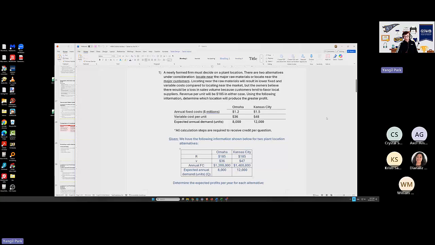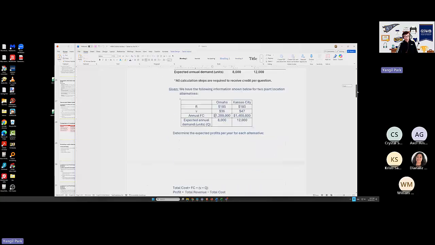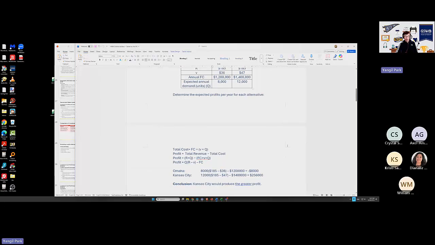So all we need to know is what kind of formula we're going to apply. It's pretty obvious that you need to know the costs, right? In terms of fixed cost and the other cost, the variable costs. Again, Q is for quantity, V for the variable costs. So that will be total costs. If you know the total cost and you know the revenue, you'll find the profit, right?